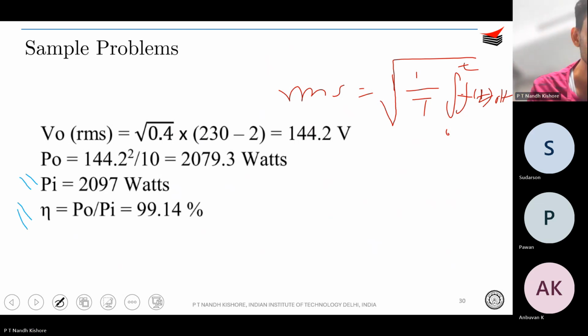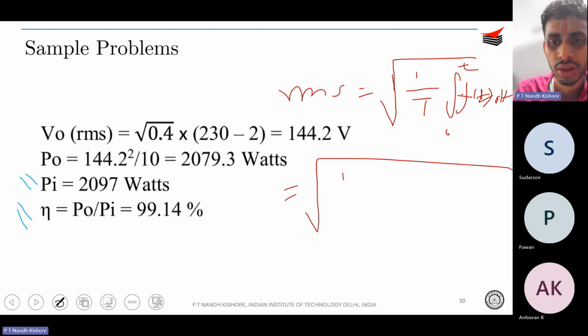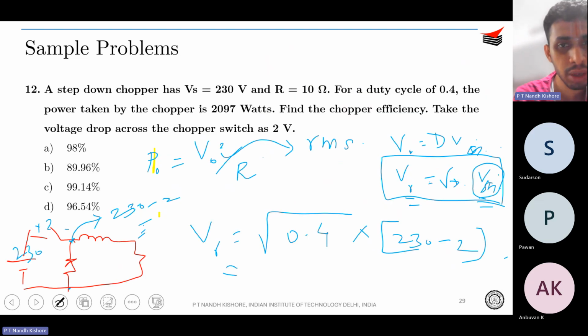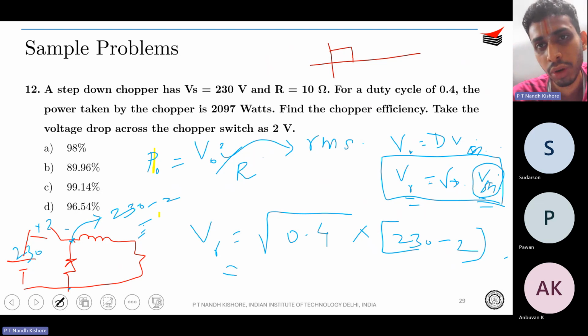From this only we are getting root over 1 by T integral 0 to dTs. What is the function? The idea is that it's a step down chopper, a buck converter. So for a buck converter, your input is connected to output during the D period. During the 1 minus D period, it is 0.